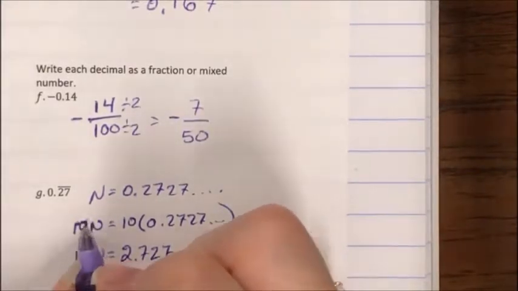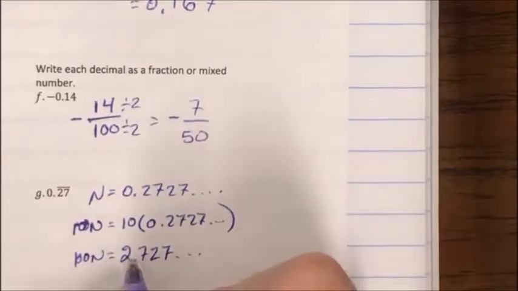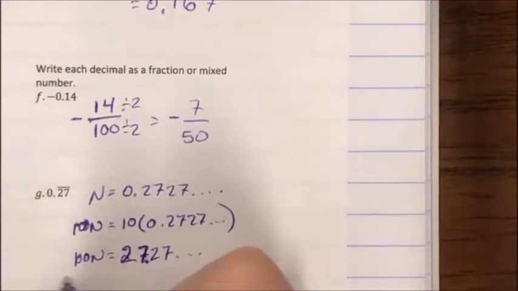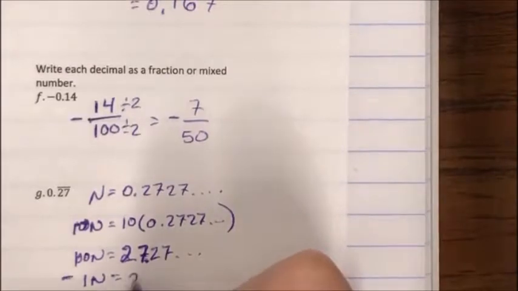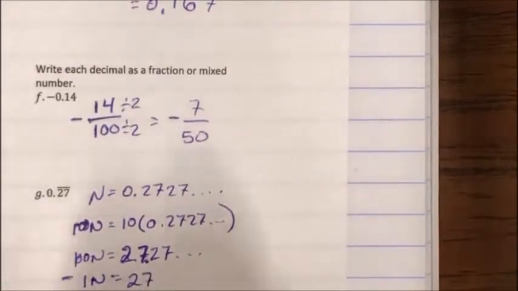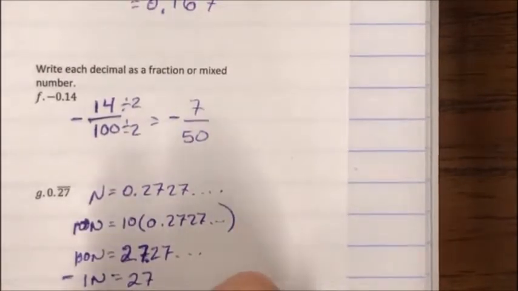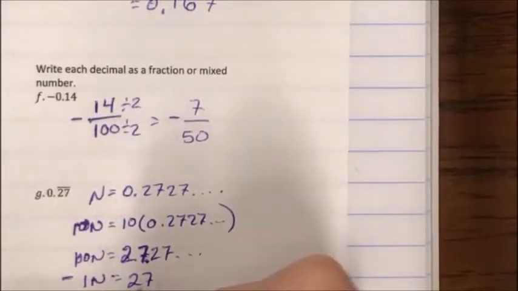Actually, I want to multiply this by 100 because that'll get me 27.27, which is what I actually really want, right? So I'm going to subtract 1n, so I get 27. So this gives me 99n equals 27.